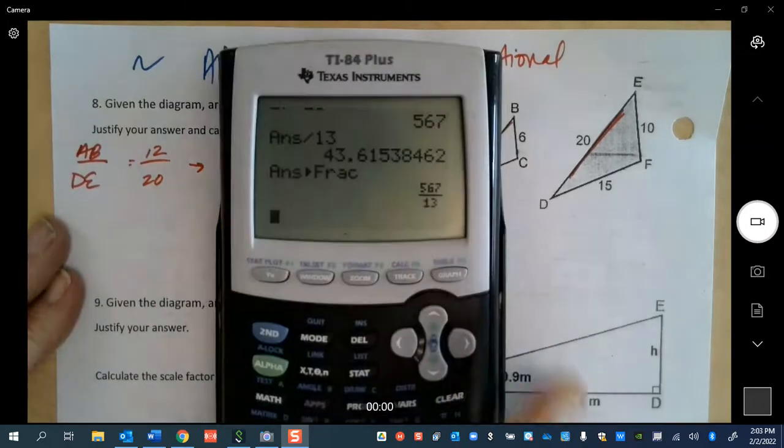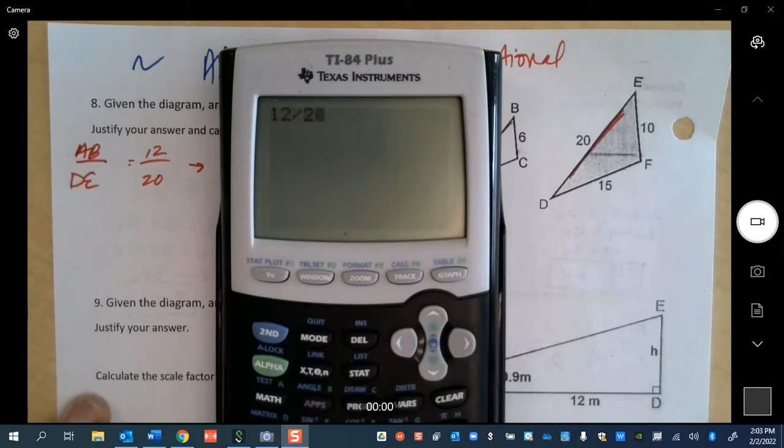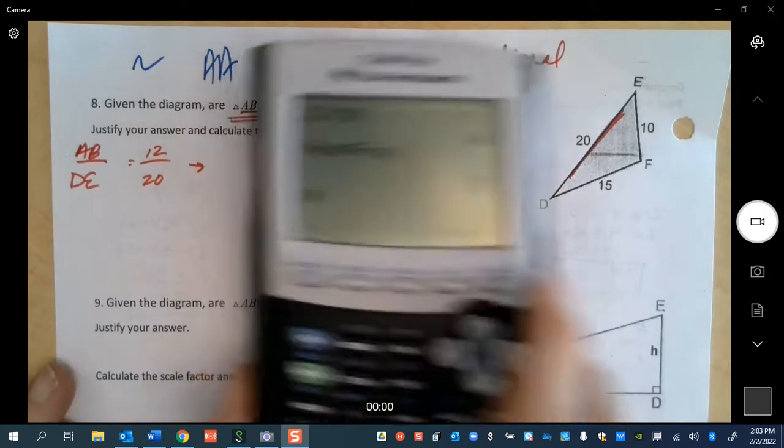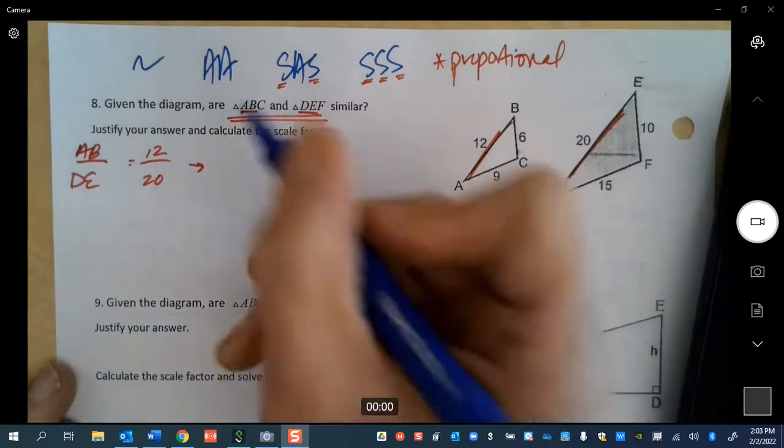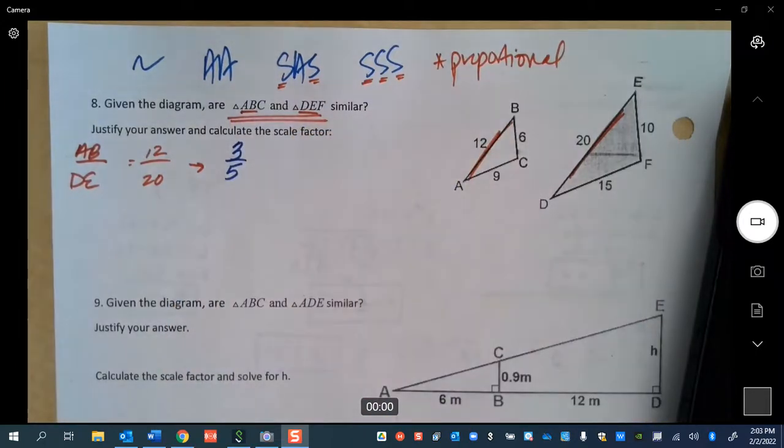Let's see what that simplifies to. 12 divided by 20, 0.6, math frac, enter, 3/5. So if you struggle with fractions, the calculator can help you see that the distance from A to B compared to the distance from D to E is 12 to 20, which simplifies to 3/5.